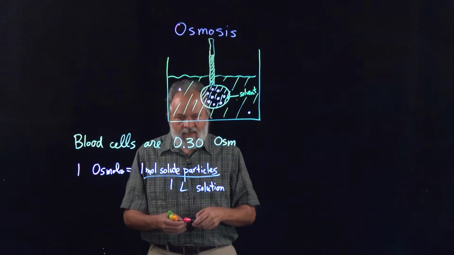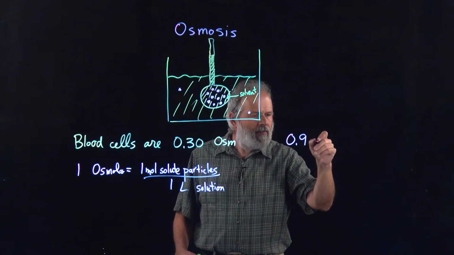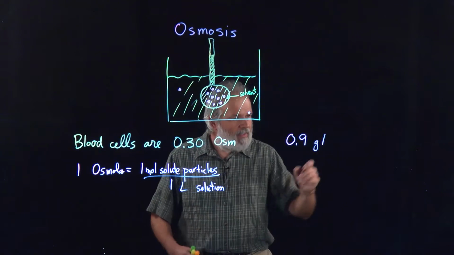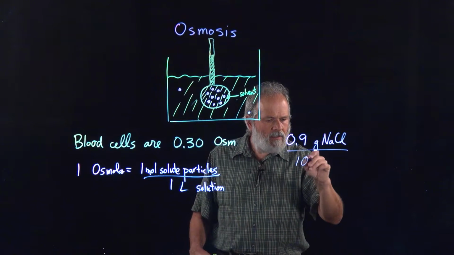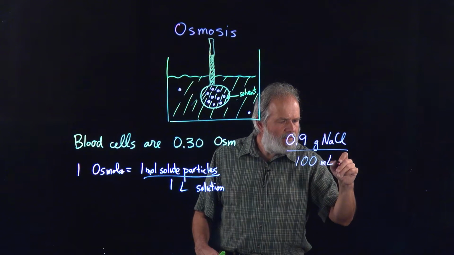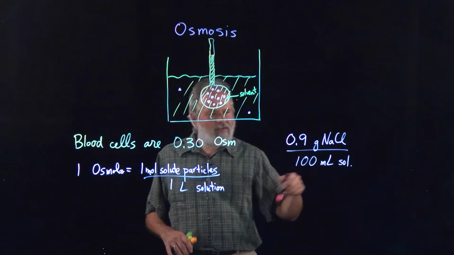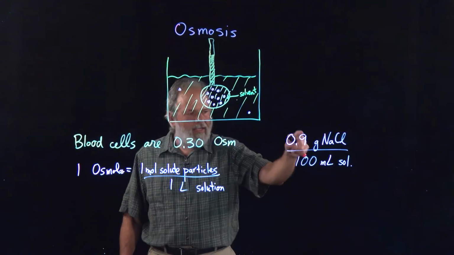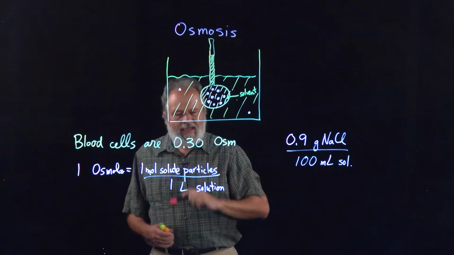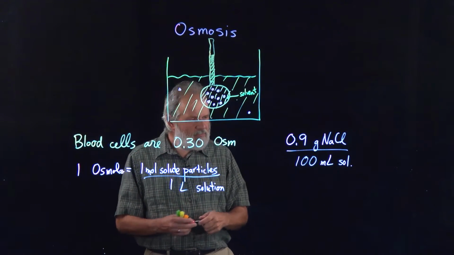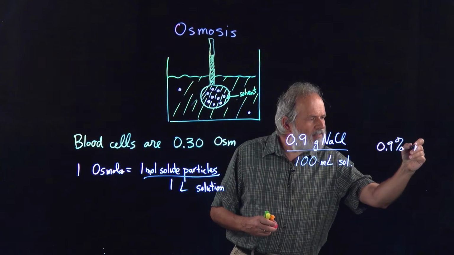So we're going to ask ourselves, and it turns out that in salt, it's 0.9% grams per 100 mils. This is kind of a mixed concentration unit of grams per volume. This is the amount of sodium chloride that has the same osmolarity. So this is 0.9% mass to volume.